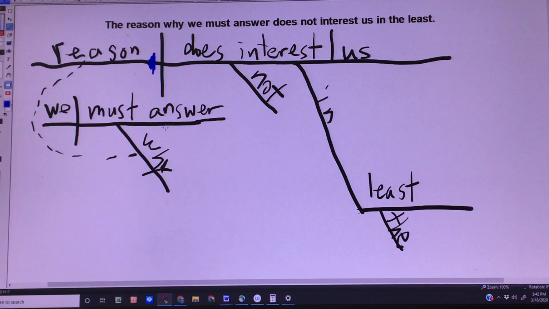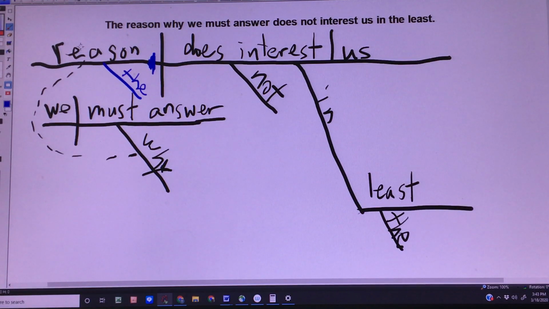So the, whoops, I forgot to put the reason why we must answer. That is a noun clause. Excuse me. That is a noun phrase. It has a head, reason. So it's a phrase that has a clause inside of it.